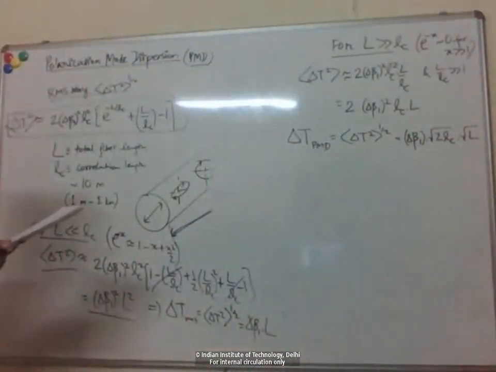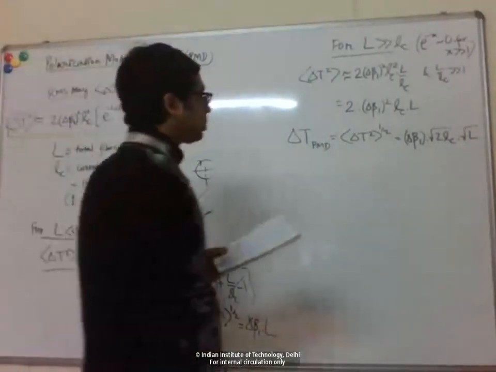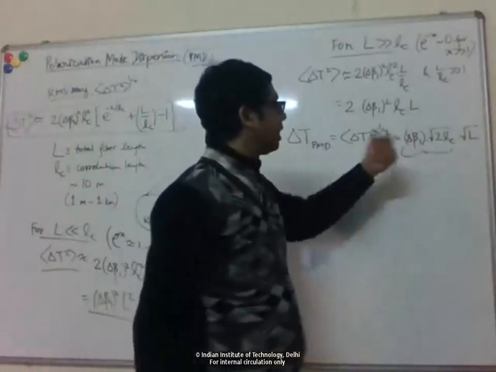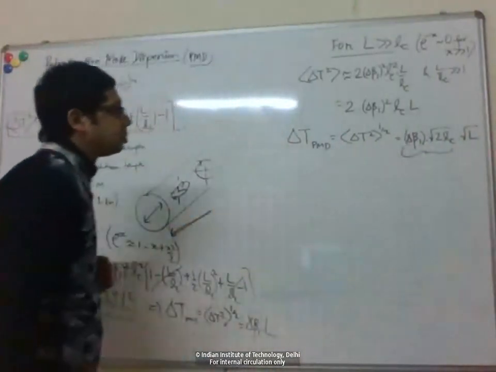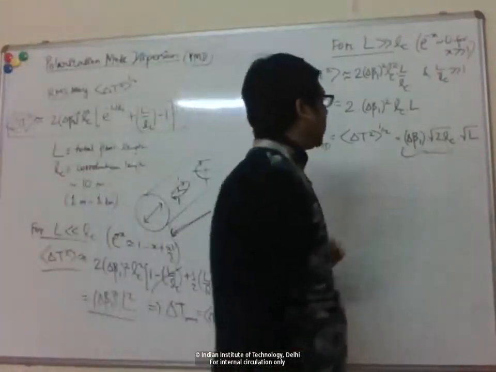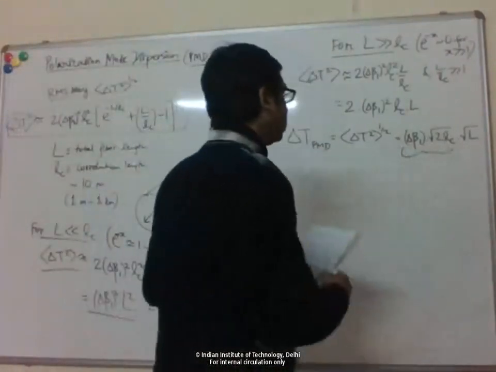Like that. Okay, so this is a constant of the fiber, right? Delta beta 1 is the birefringence in the fiber over correlation length. LC is the correlation length. So this is a constant for a given fiber.